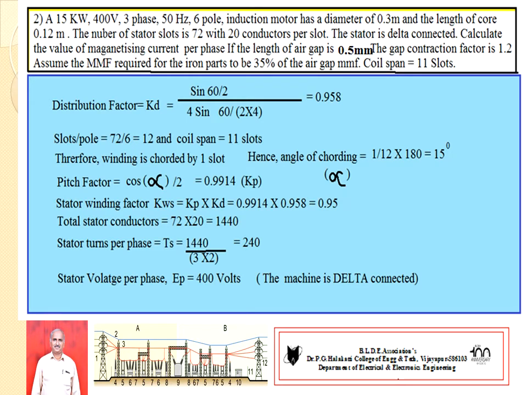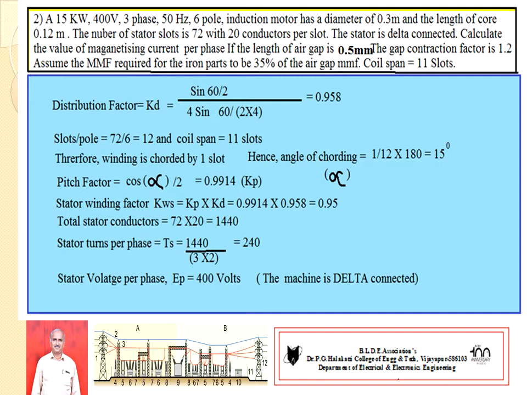Problem number 2, a 15 kilowatt 400 volts 3-phase 6-pole induction motor has a diameter of 0.3 meter and length of core is given. The number of stator slots is 72 with 20 conductors per slot. All details are given.